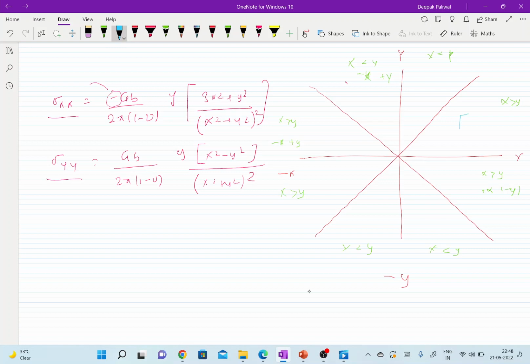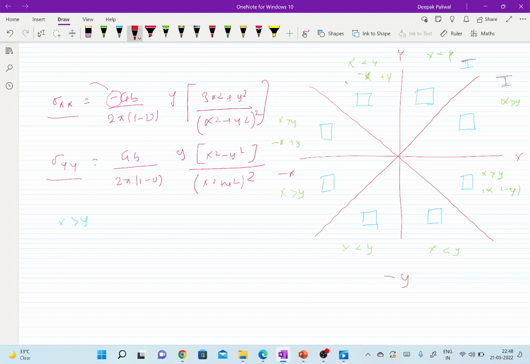Let me draw some boxes so that I can represent the stress fields sigma xx and sigma yy. Okay, let us first consider the case that x is greater than y. Let me change the color as well.